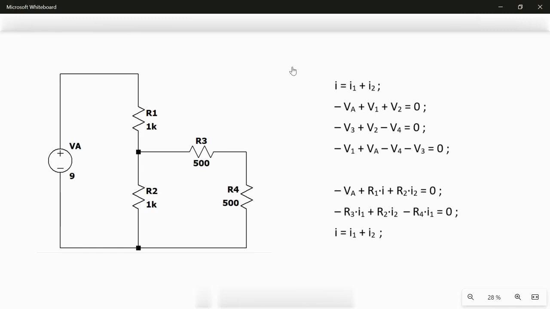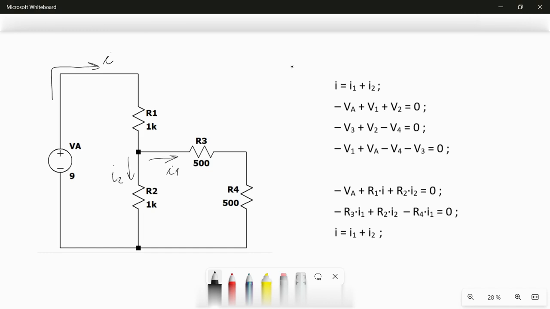So let's write down the current of this circuit. So here I have a current, I call it I. This current I goes here inside, then is split into two, I1 and I2.